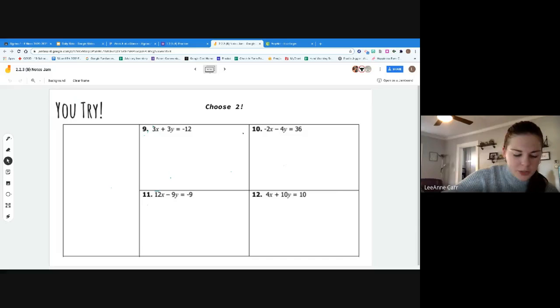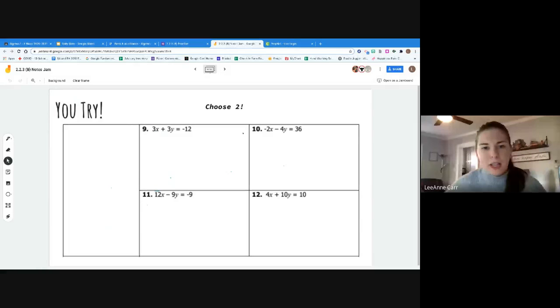You're choosing one, and you are rewriting it in slope-intercept form, just like we did in our other examples. Choose one.